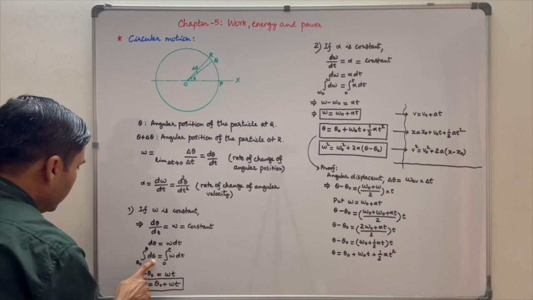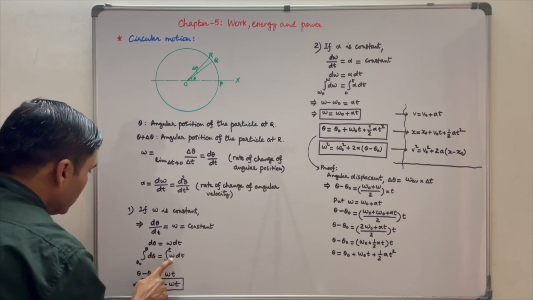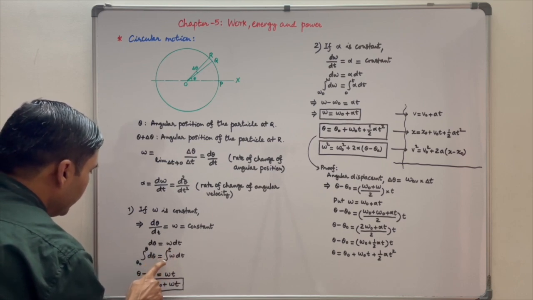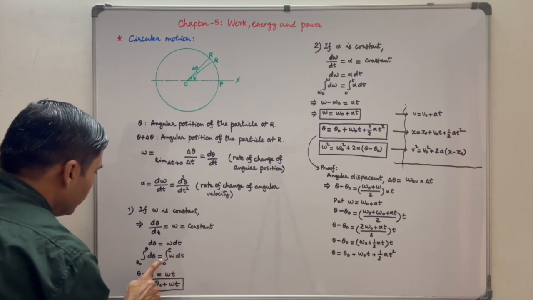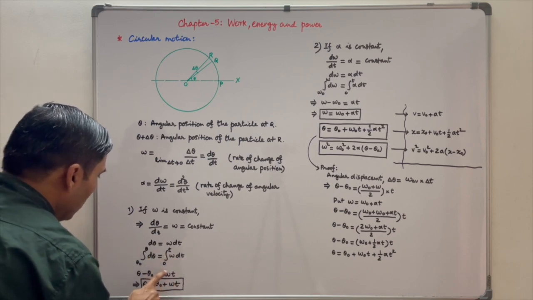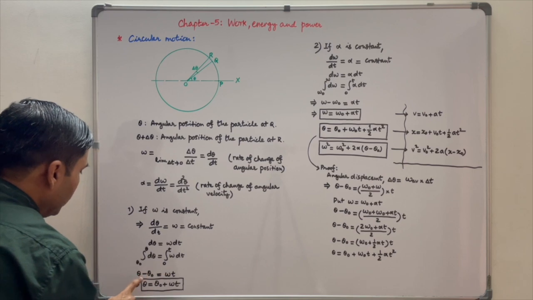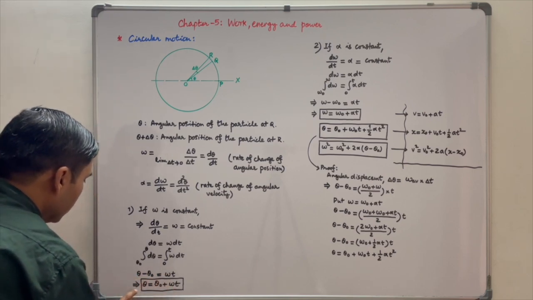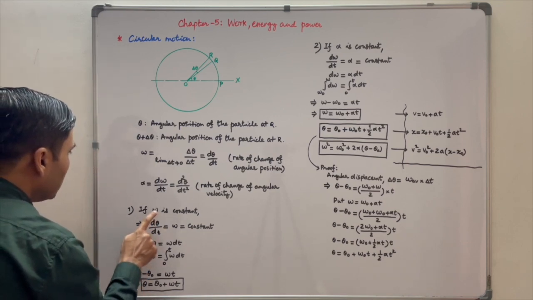So the integration of d theta from theta 0 to theta will be theta minus theta 0. Since omega is constant, it can be taken out. So it will be omega into the integration of dt from 0 to t, and that will be omega t. So theta is equal to theta 0 plus omega t. We can use this equation when omega is constant.